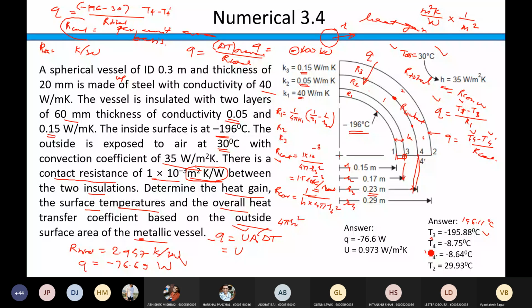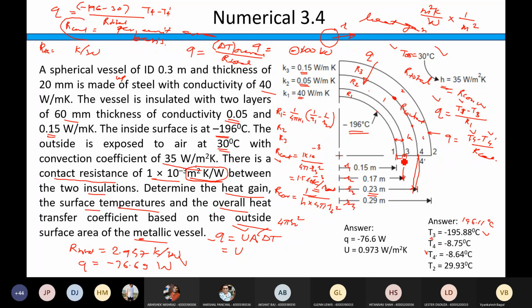Sir, in the expression that you have written, Q equal to T1 minus T3 by R1, do we have to take T1 as positive or what? I mean, on the right hand side, do we take the value of T1 as 196 positive?